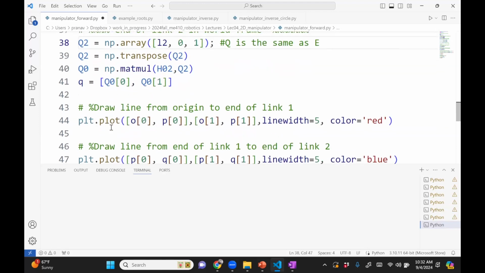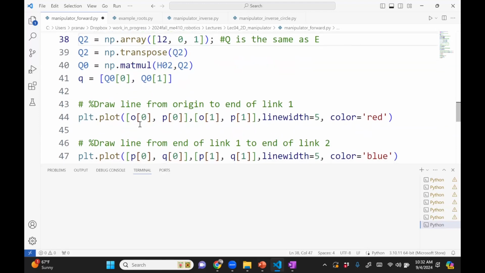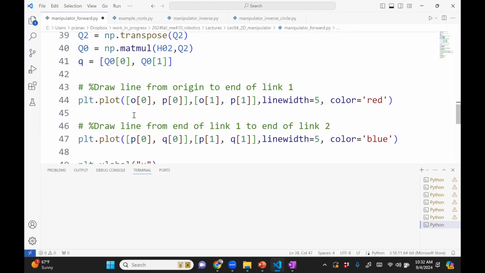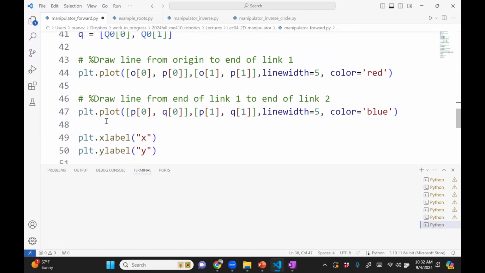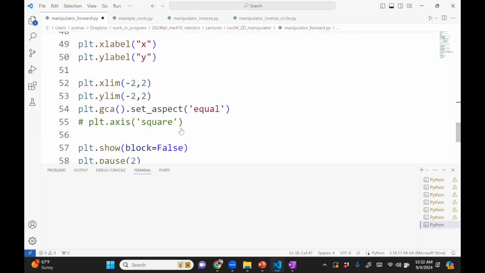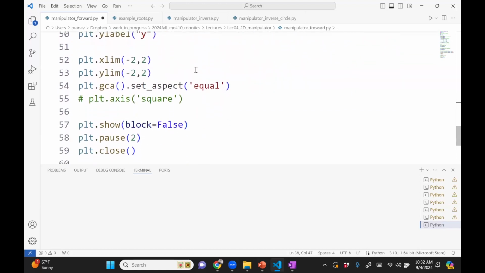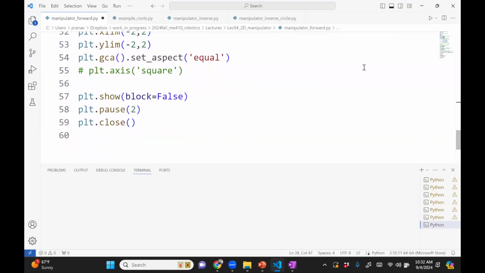That gives me Q. And all I do is draw two straight lines. One is from O to P. And if you remember, this is the syntax for drawing a straight line. And then draw a line from P to Q, or P to E. And then label the x-axis, make it equal axis, and then see what shows up.